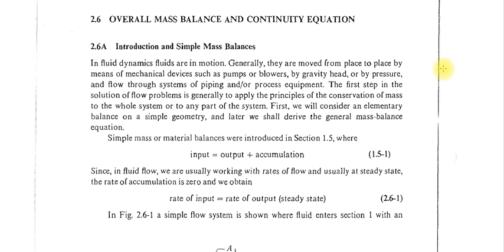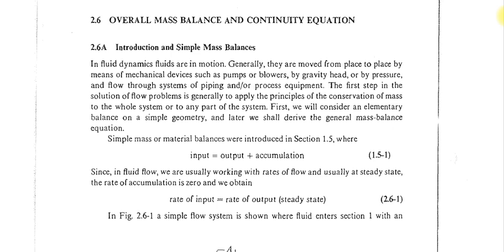Instead of writing the balance for a control volume and allowing the volume to tend to 0, we write directly the material balance or mass balance for the whole system. If you want to directly calculate the average velocity of a system, or what is happening overall in the system, you can use the macroscopic balance.